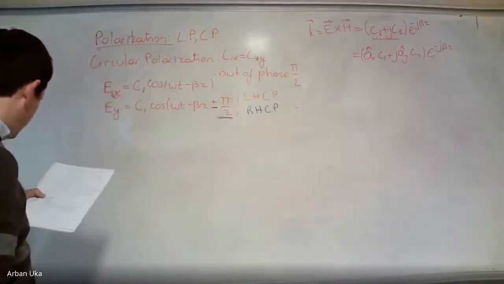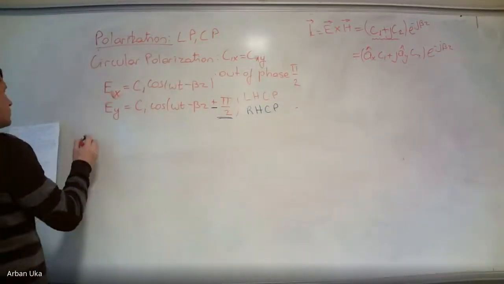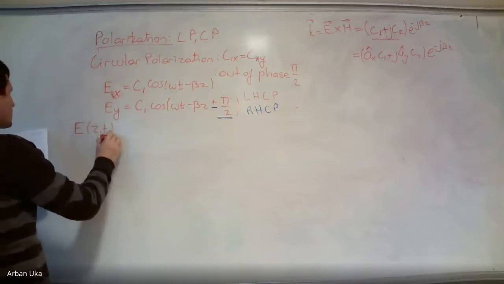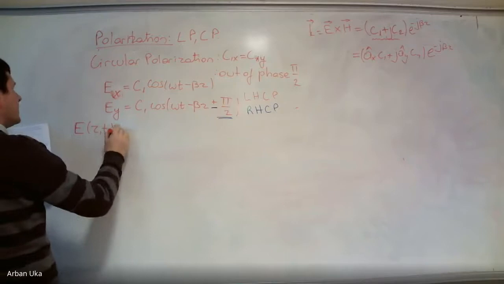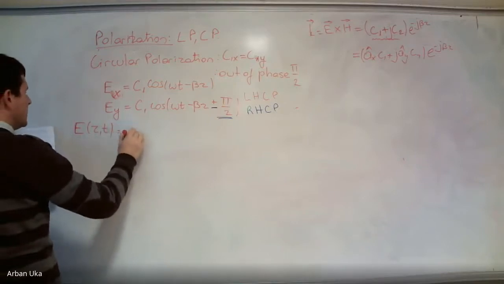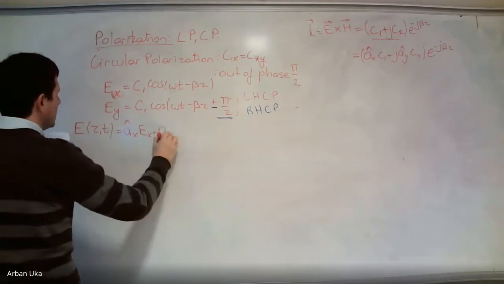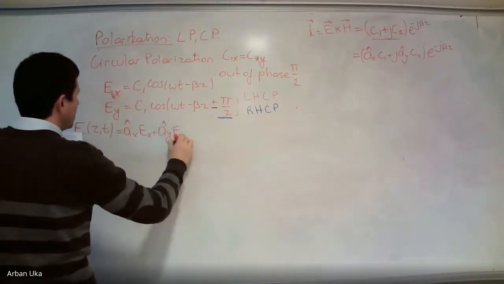And let's assume we can have the instantaneous expression for the electric field. This can be denoted as AX EX plus AY EY.